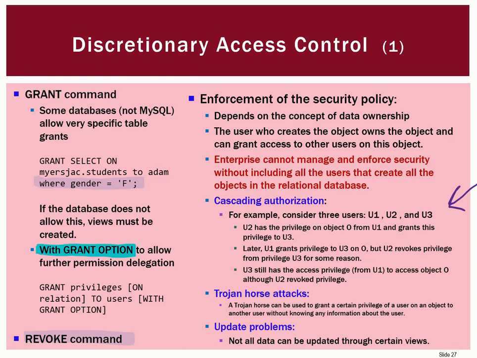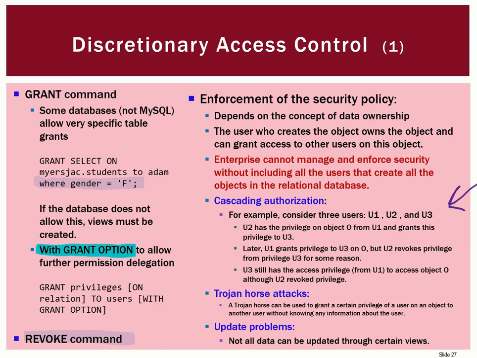So U2 has a privilege on an object from U1 and grants the privilege to U3. So now U1 had the original privilege. They granted privilege to U2, and U2 turned around and granted to U3. Later, U1 also grants privilege to U3, but then U2 revokes privilege from U3.